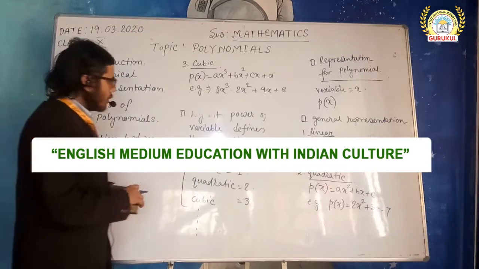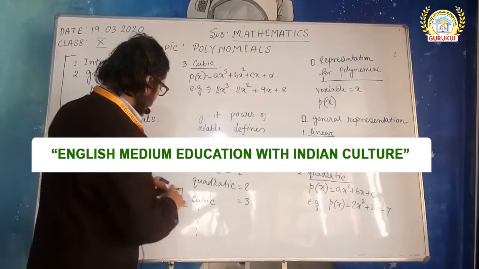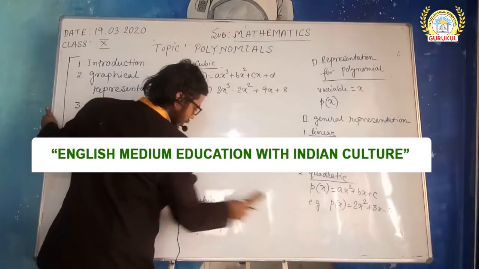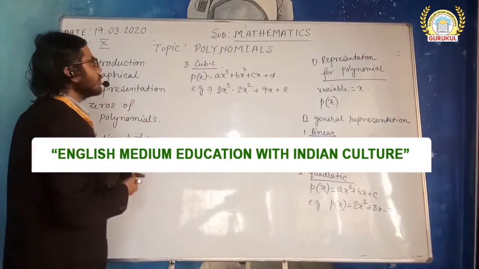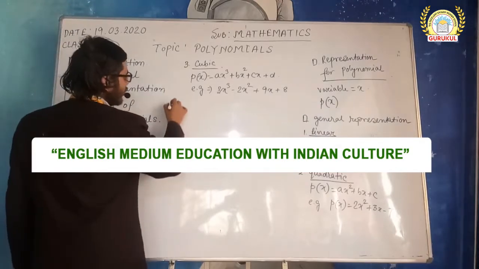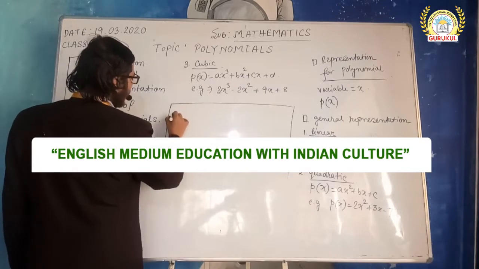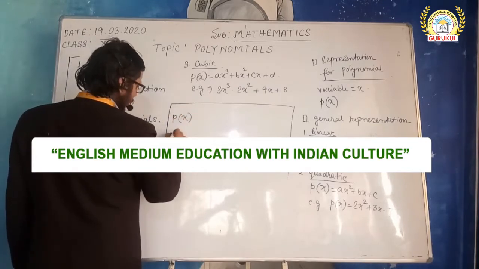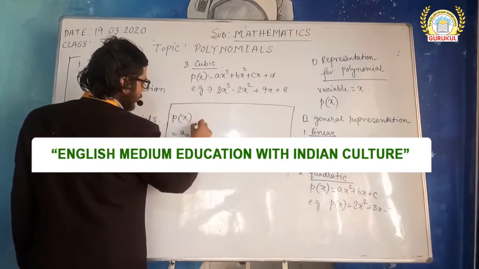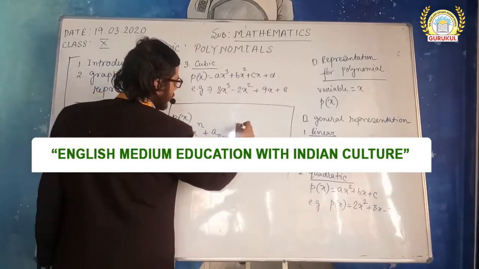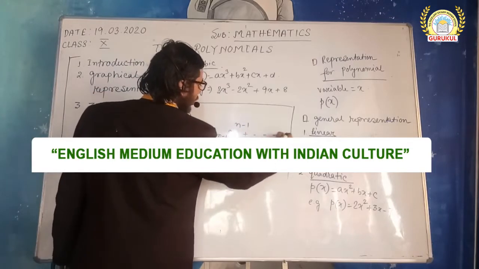In your book you can see that there is a particular expression, and that particular expression is given like this way: p of x equal to a_n x to the power n, a_(n minus 1) x to the power n minus 1, like this.